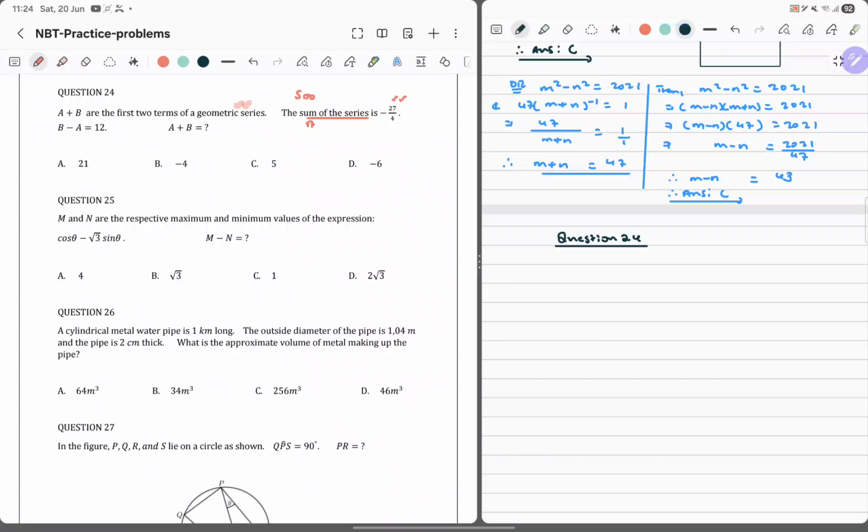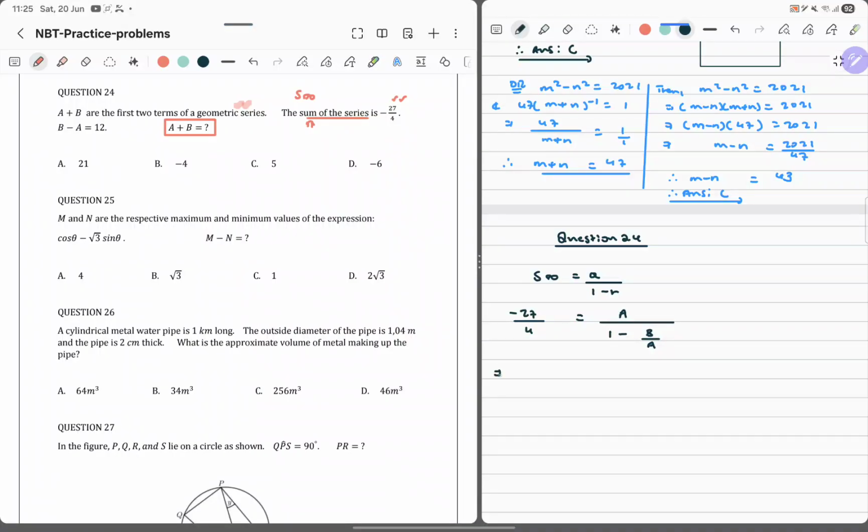Okay, so the second thing, we are told that b minus a is 12. So now we need to find a plus b. We're getting the vibes of a sum to infinity, and the sum to infinity is minus 27 over 4, which is equal to a, the first term, all divided by 1 minus r, and r is going to be b divided by a, isn't it?